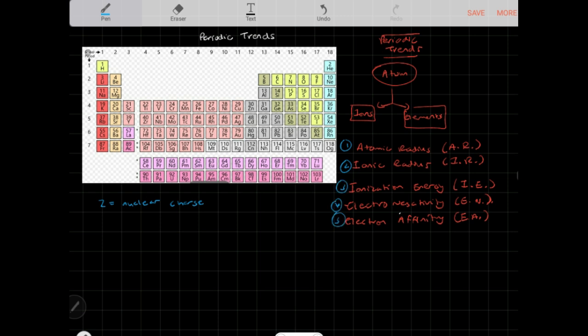So we're going to be looking at Z, which is the nuclear charge, and the nuclear charge is the number of protons found in the nucleus.